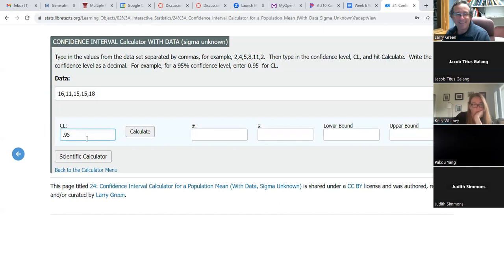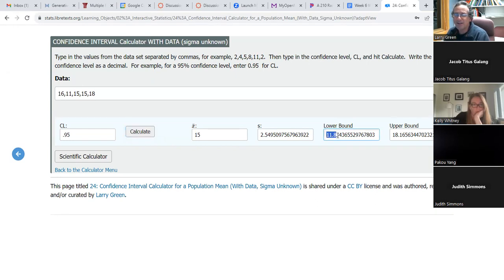Okay. So I'm going to use 95%, and I'm going to hit calculate. And what it gave me back the X bar and S that we already saw, because I figured I might as well have that when I programmed this. There's enough space. And it also gives you the lower bound and the upper bound.